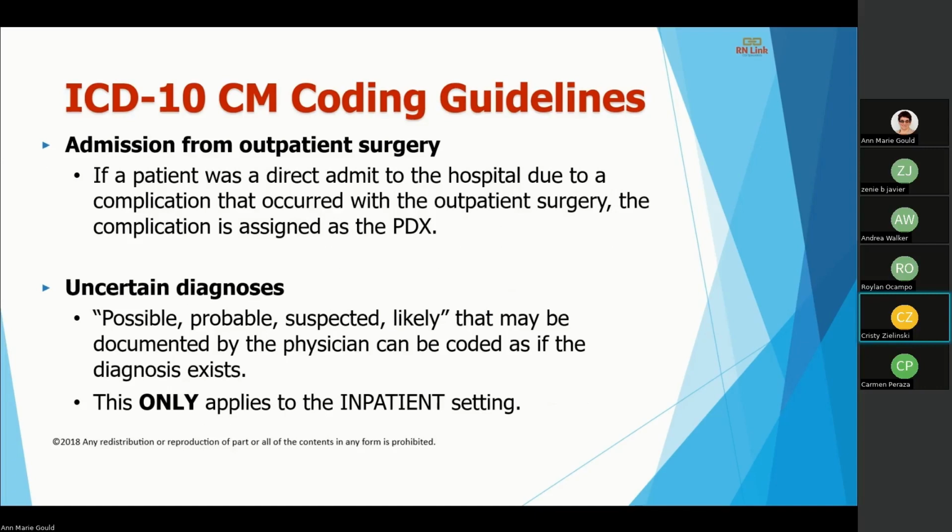So it's reasonable to have that because, like I said, whatever was done on the outpatient side, whatever diagnosis, it carries over to the inpatient admission. Right, Ms. Zenny? Yeah.